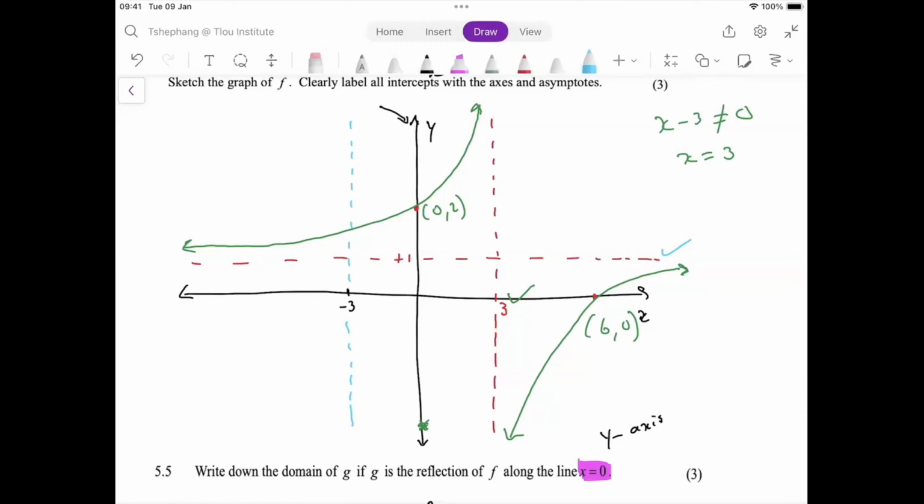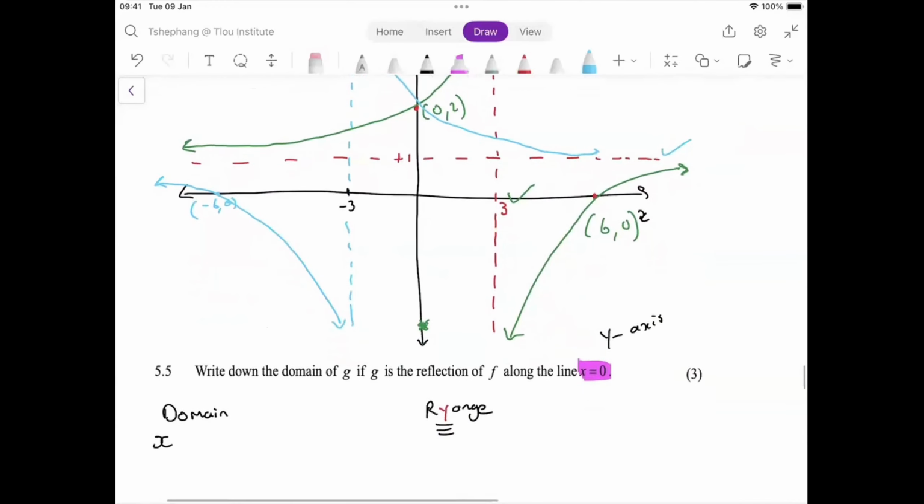Hope everyone is with me there. It means that our graph is now going to look like that, never touching the asymptote. We had (6, 0); we're now going to have (-6, 0). So this way. That is the new graph.